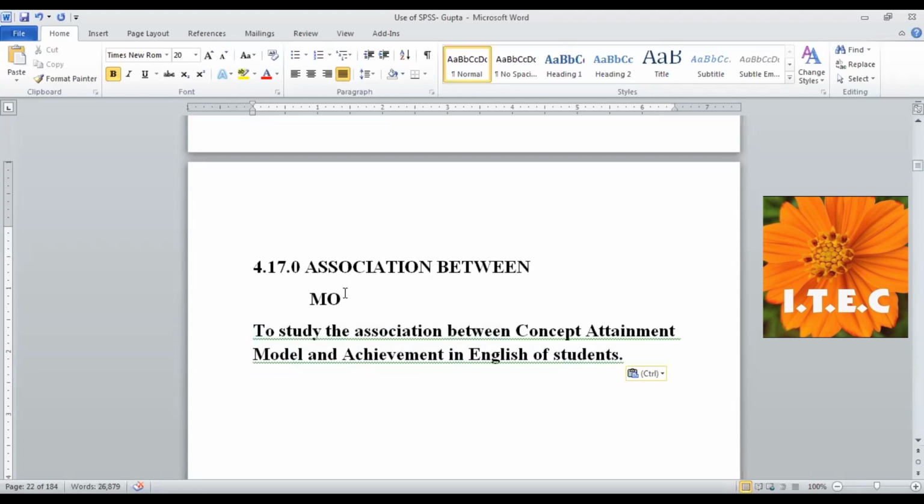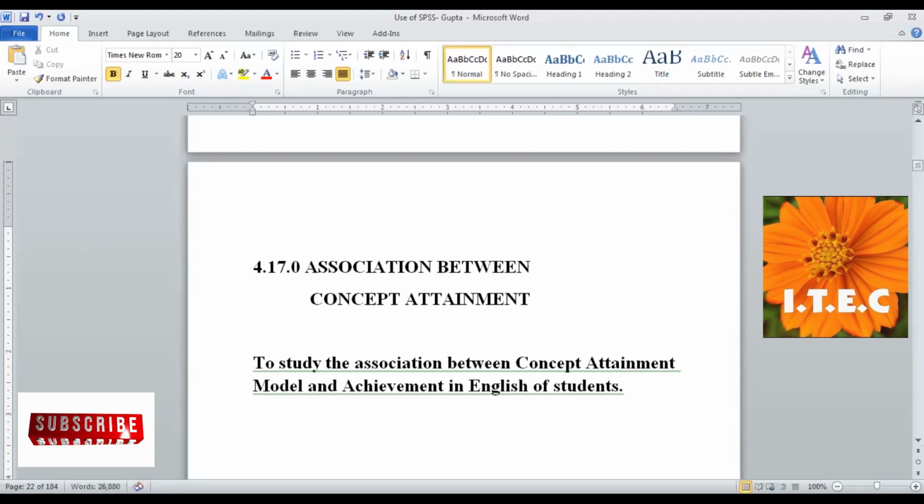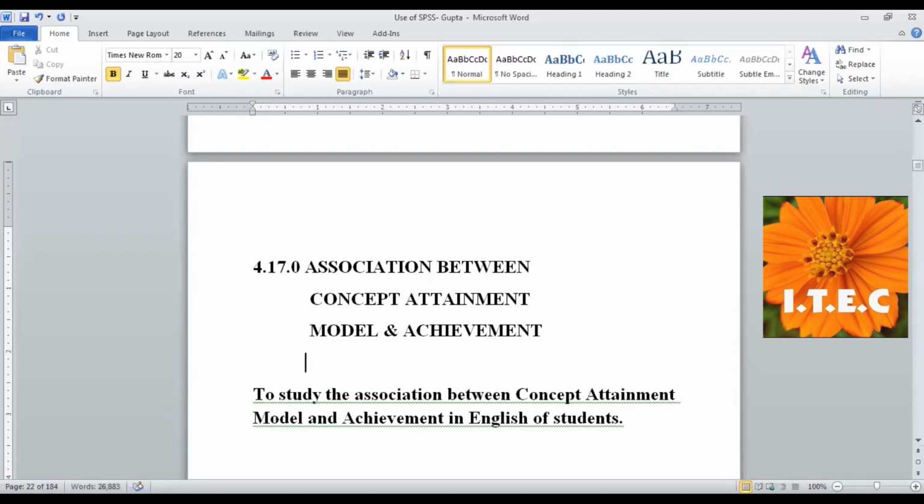So association between concept attainment model and achievement in English of students.